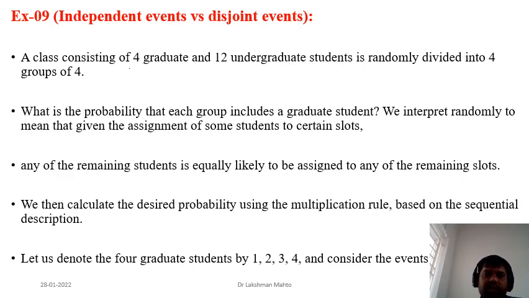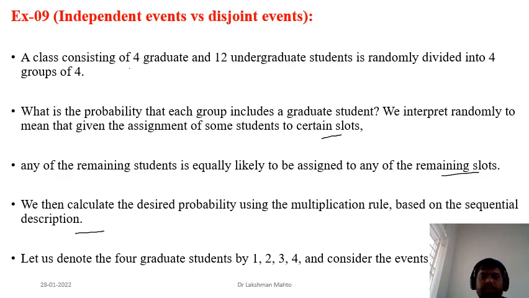We have to find the probability that each group includes a graduate student. We interpret randomly to mean that given the assignment of some students to certain slots, any of the remaining students is equally likely to be assigned to any of the remaining slots. We can then calculate the desired probability using the multiplication rule based on sequential description.